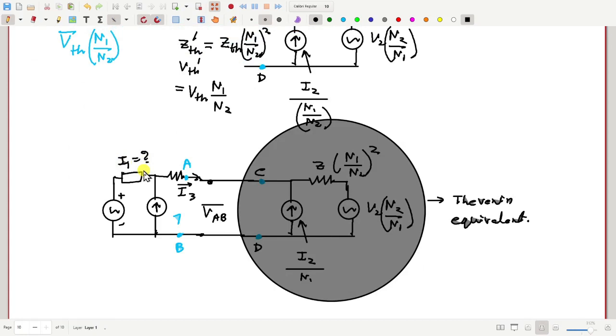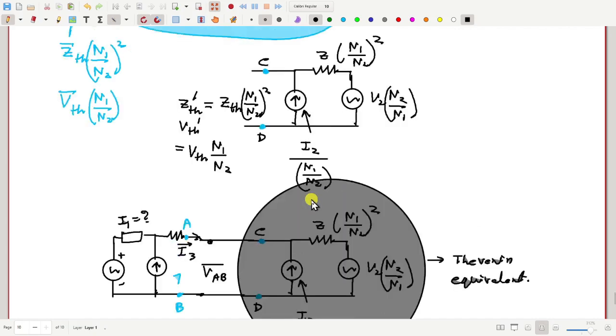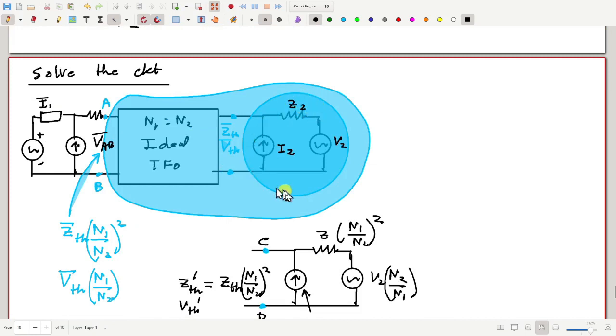And so on. Okay? So therefore, if we have an ideal transformer, then you can take one side, say the right side circuit, and multiply all right side impedances by A square, where N1 by N2 is A. So multiply all impedances by turns ratio square, all voltages by turns ratio, and divide all currents by turns ratio, and connect it to the left side circuit, and then you can solve it. In the same way, you can do it in the opposite way.